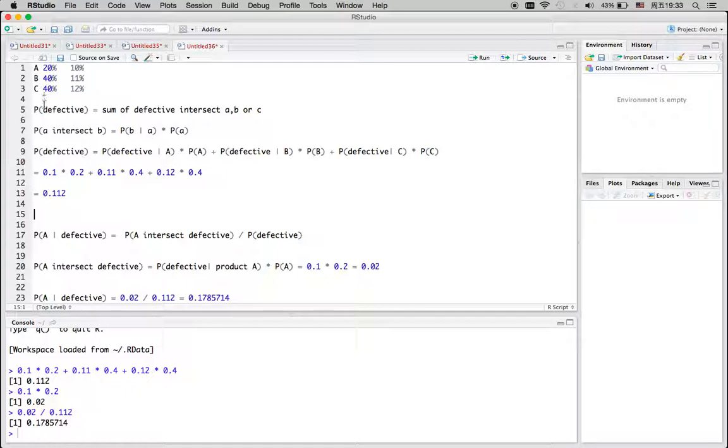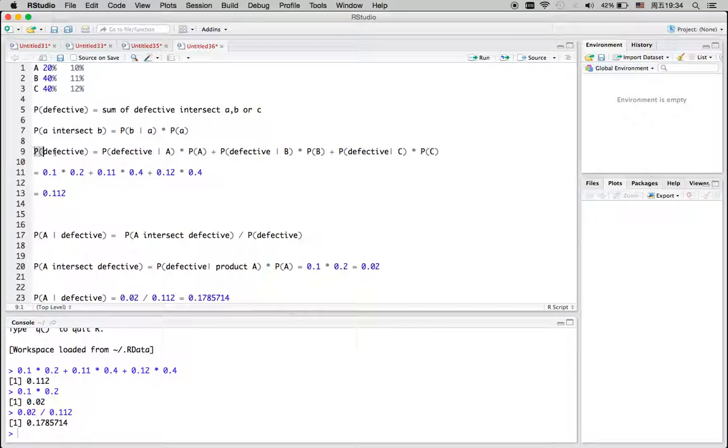So the union will be the entire product of the company, but the intersect of two events will be an empty set because they're unrelated to each other. And then we also have the probability that given product A, the defective rate is 10%, 11%, or 12% for each of the product group.